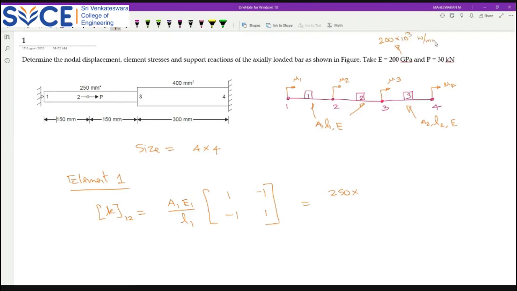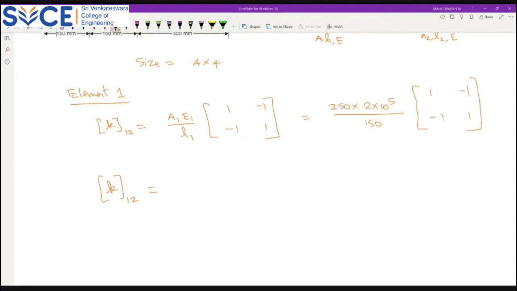Which is 2 into 10 power 5. So 2 into 10 power 5 divided by L1. For this element alone, the length is 150. And it is 1, minus 1, minus 1, 1. What is the value for this? 3.33 into 10 power 5.